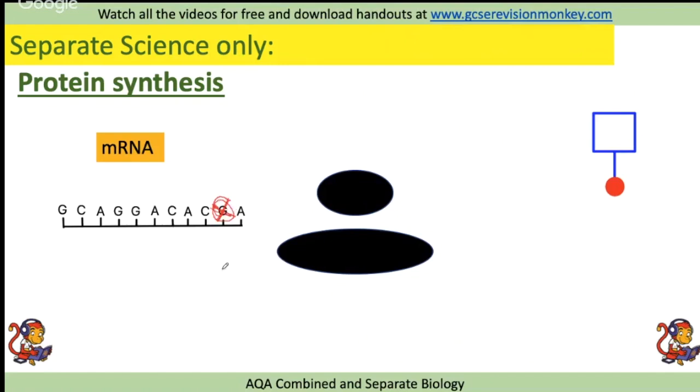We're deleting one of the bases. And what that would mean is that your mRNA would be read totally differently, because rather than your first amino acid being coded by CGA, it would now be coded by ACA. And it would affect the one along the next chain as well, and the next chain. So it has a knock-on effect down the chain.